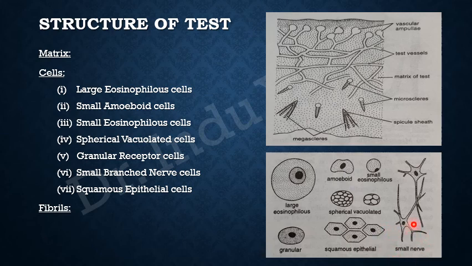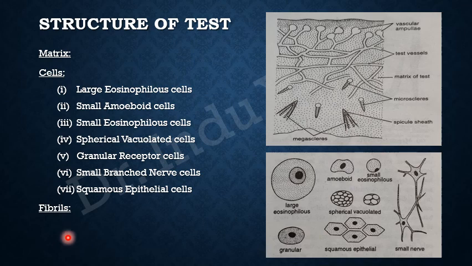Then the small branched nerve cells. These are the nerve cells and these are their branches. Then the last are the squamous epithelial cells. The squamous epithelial cells are hexagonal in shape. You must know this already. And these kinds of cells are also present in the matrix of Herdmania.